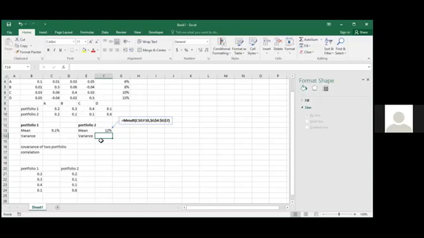using MMULT functions. Remember, in this case we have to use two MMULT functions. First we can enter the equation, then we can write it in a proper way.